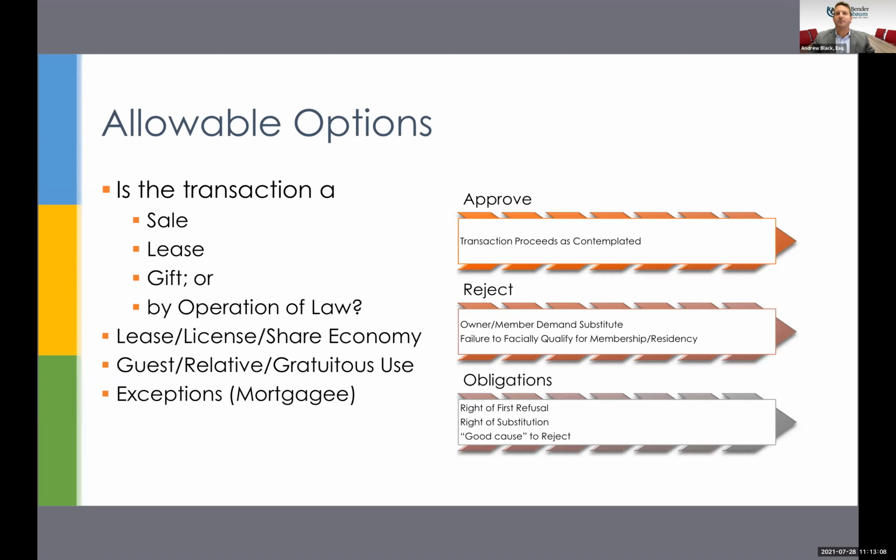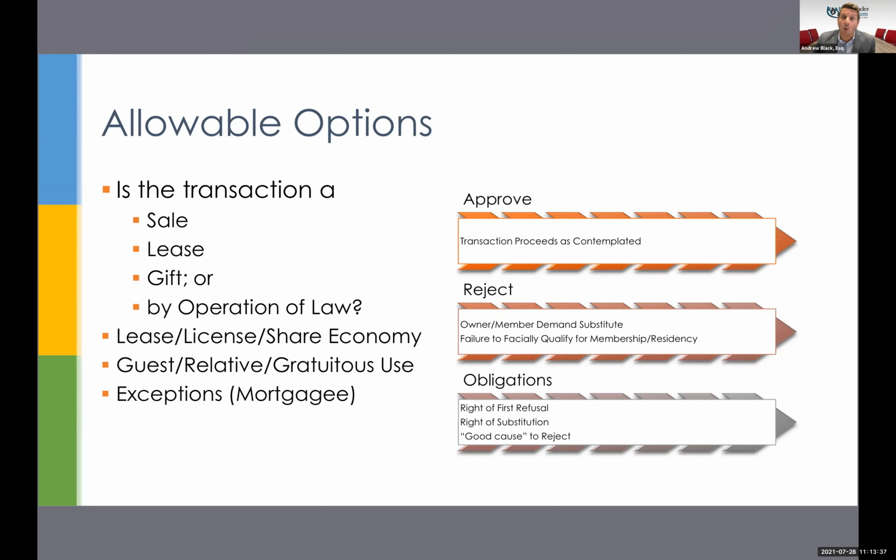Maybe your buddy from college hit the lottery, got lots of money, and he wants to give you a gift. And the gift is a condominium. There's no sale there. So it's important just to know, if you're involving yourself in the approval process, how wide is that authority? Does it include sales, any transfer of ownership, a gift, a quit claim deed?